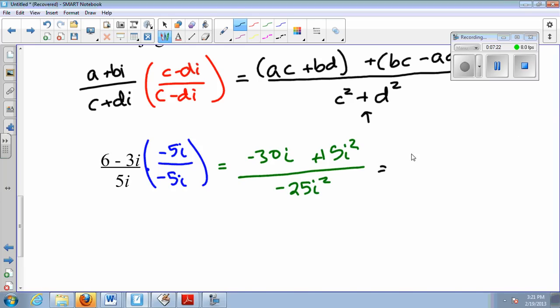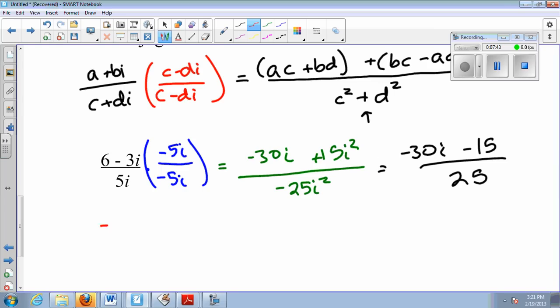We can simplify. And we can even break this up and reduce it.